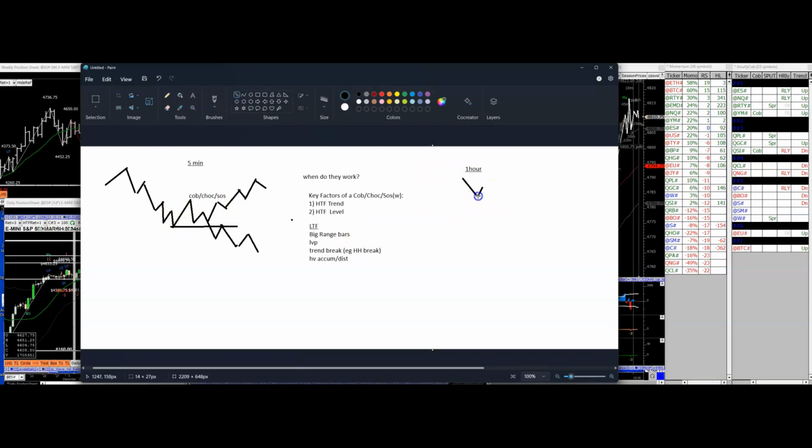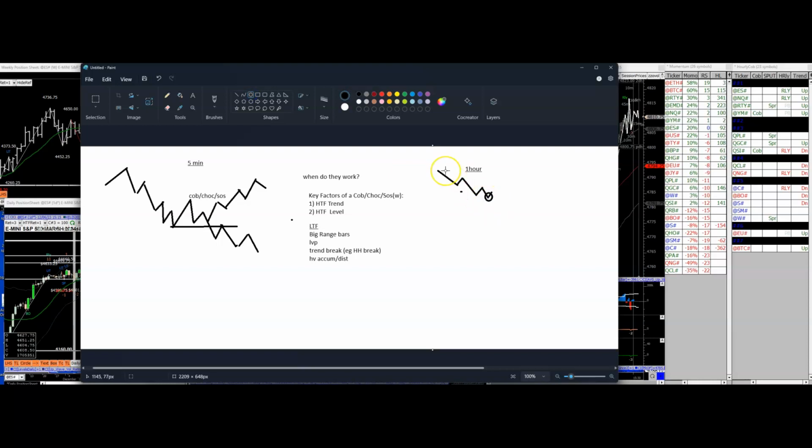Let's say it does something like this, and you're looking for that change of behavior right here. If it's really aggressive markdown, the likelihood of a change of behavior right there working is not that great.